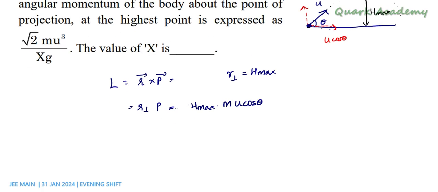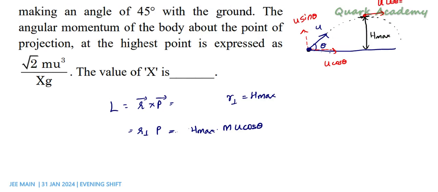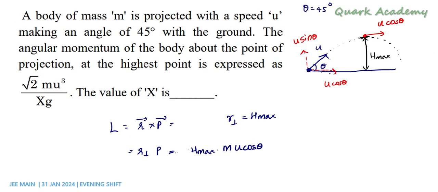Now we need to find the h max. So we can use the equation of motion. Initial velocity we know, final velocity we know, and I'm talking about the motion along the y-axis. Then we need to find the displacement. And here we know acceleration is downward and it is g. So we can use the expression v squared minus u squared equal to 2as.